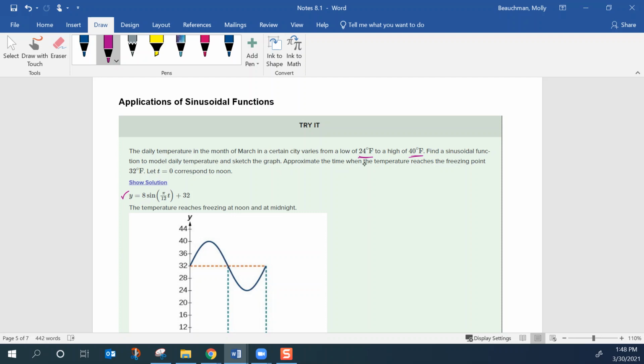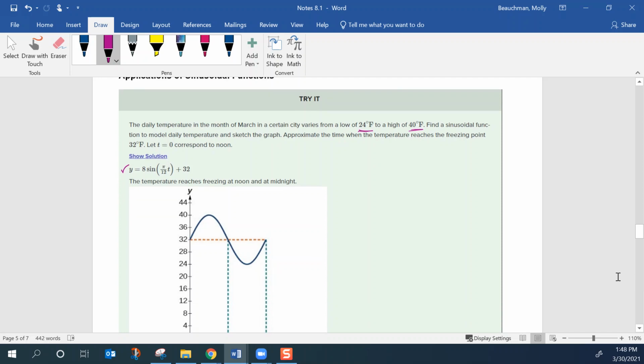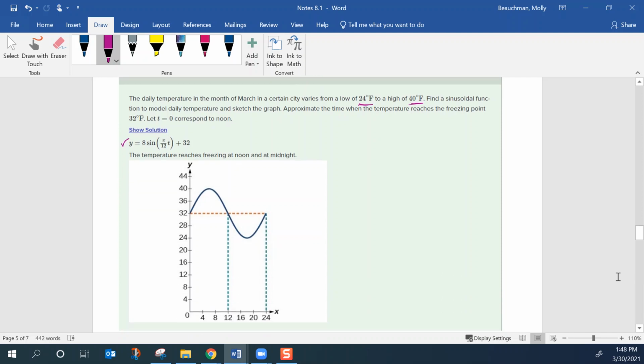The first thing we do, if you know that your daily temperature is going to be over 24 hours, so let me scroll this down so you can see. The daily temperature is over 24 hours, so you know that the period is 24 hours. We have a low of 24 and a high of 40, so the midline would be halfway in between there.